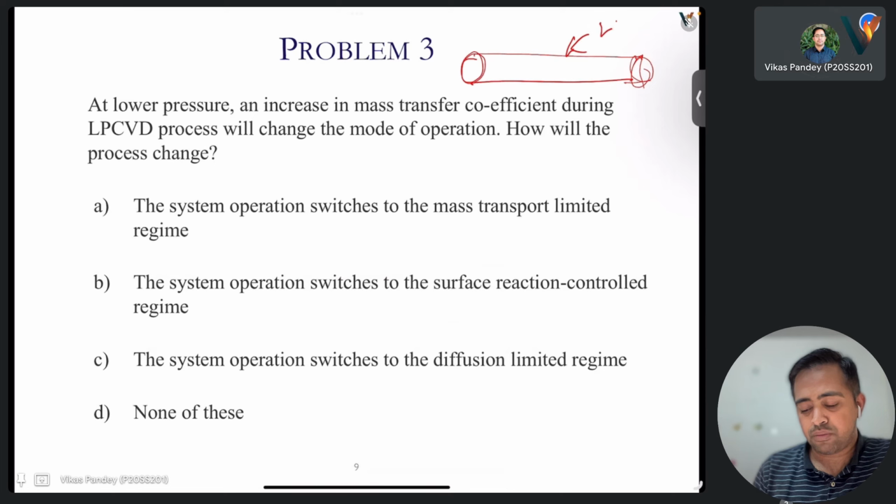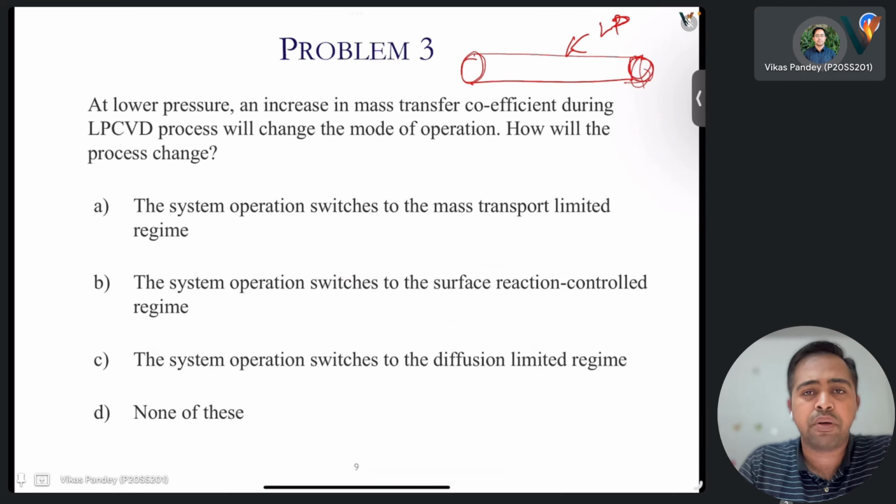Okay, so it is at low pressure. That means the pressure has been reduced by using a vacuum pump or a normal pump. Okay, so that means there are no other contaminants and no other things. An increase in mass transfer coefficient during LPCVD will change the mode of operation. Okay, how will the process change?